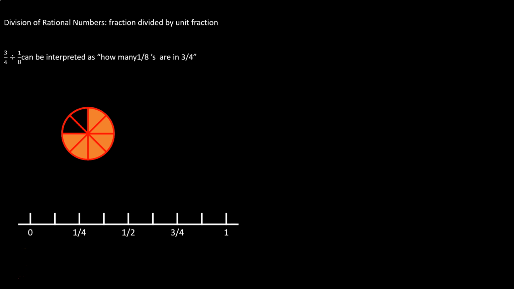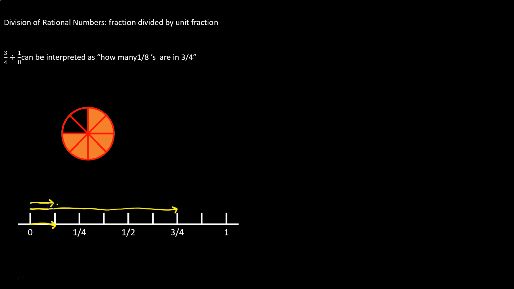We can solve this same problem on a number line instead of using a circle, simply by representing 3/4 on the number line. So maybe draw an arrow that points from 0 up to 3/4. And then look at how many of the 1/8 lengths would fit. So 1/8 goes from 0 to this first mark.